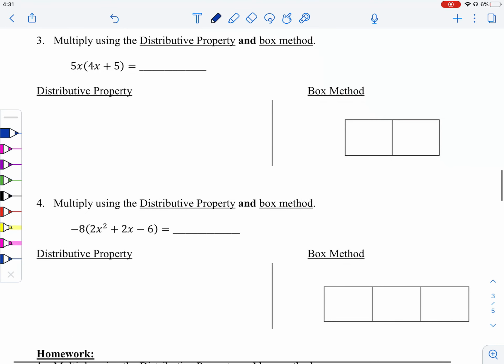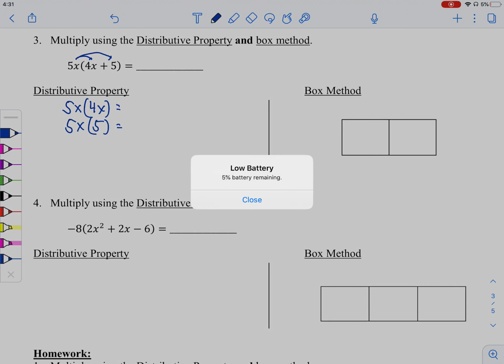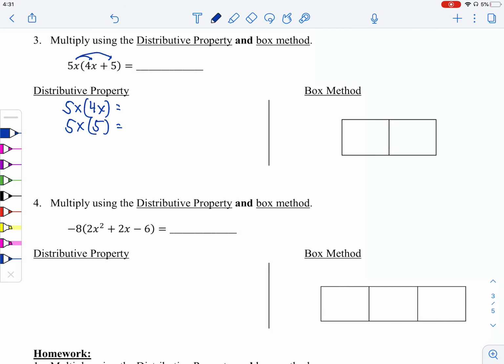Number 3. So 5x times 4x, 5x times 5. So again, we're going to write that out. So 5x times 4x. 5 times 4 is 20.